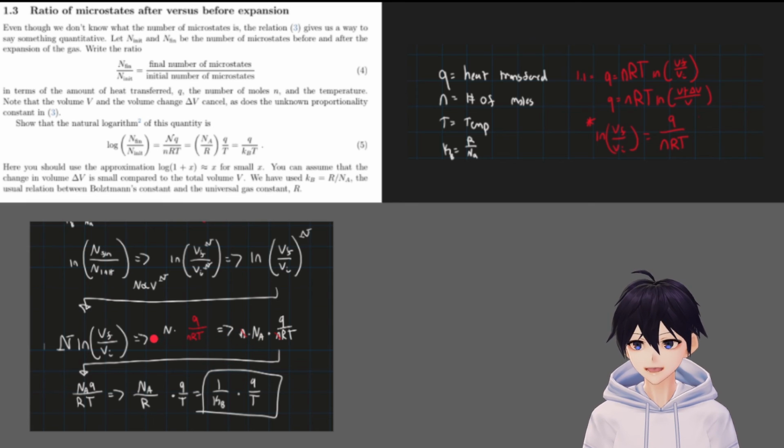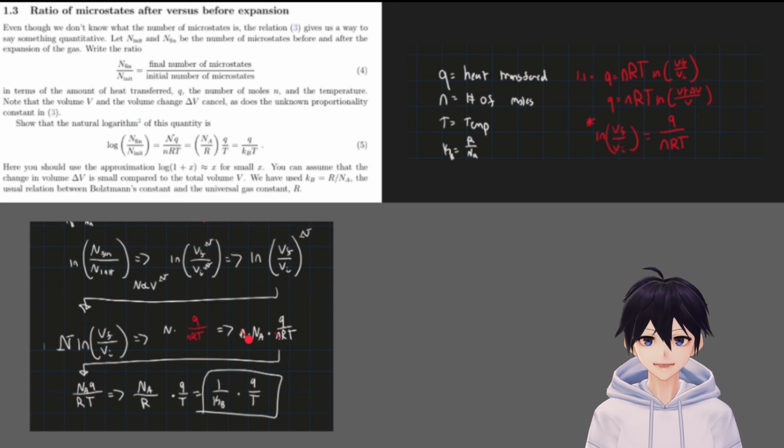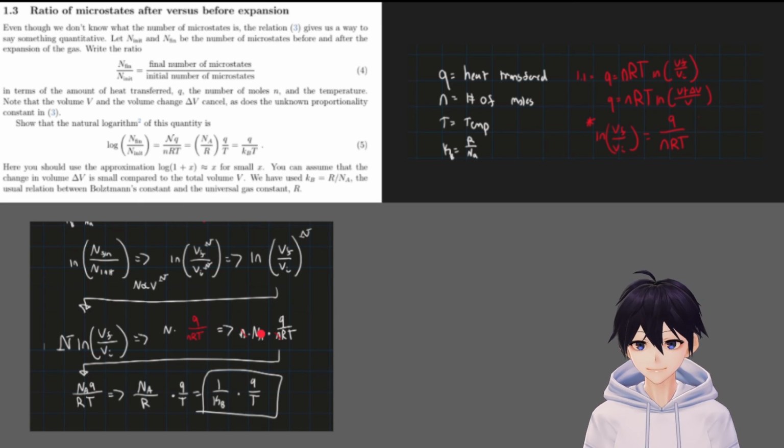And then we know that this number of microstates is equal to the number of moles multiplied by Avogadro's number multiplied by whatever we got from 1.1. We can see that there are n's on both sides, so we can cancel those out.